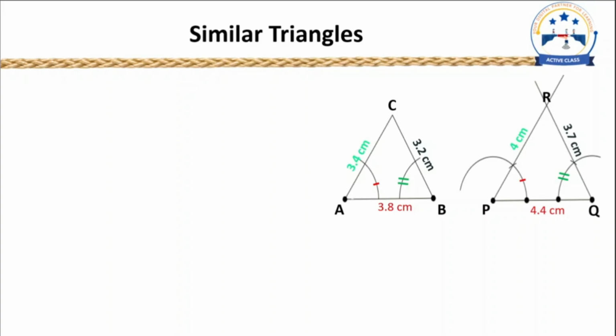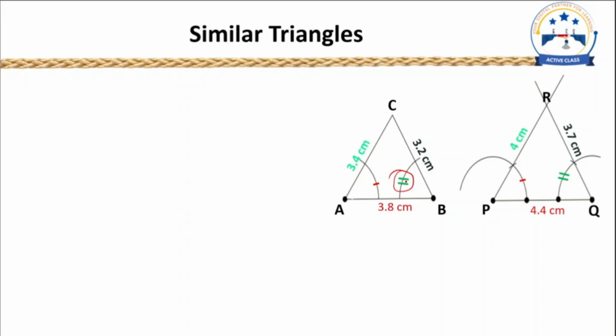You know, angle A means this angle and angle P means this angle, they are equal. So, one pair of corresponding sides are the sides opposite to these equal angles. Means BC and QR, they are opposite to these equal corresponding angles, so they are corresponding sides.